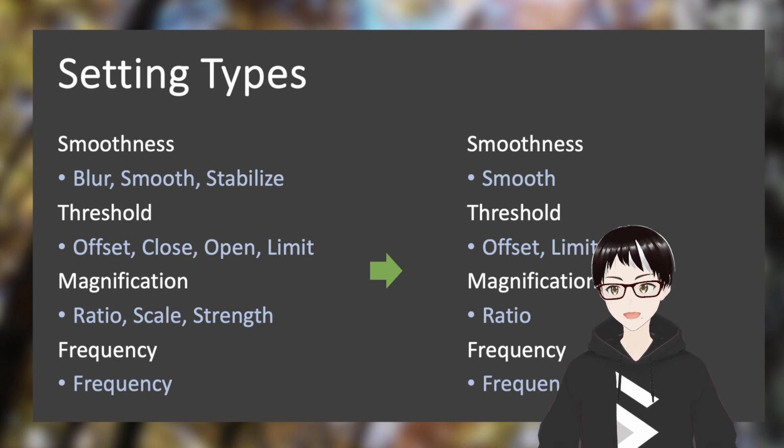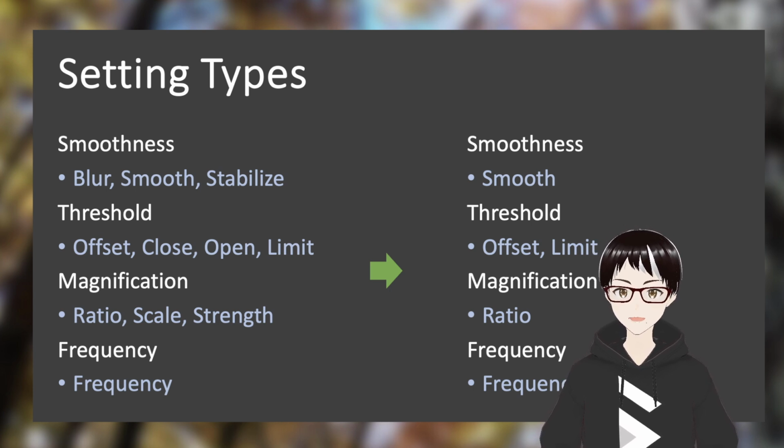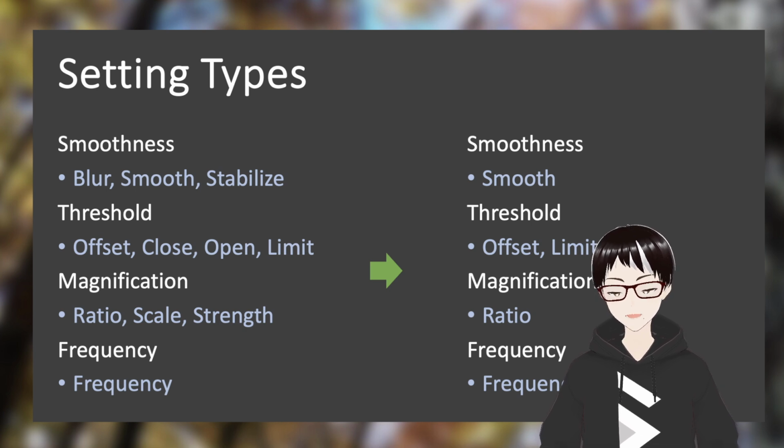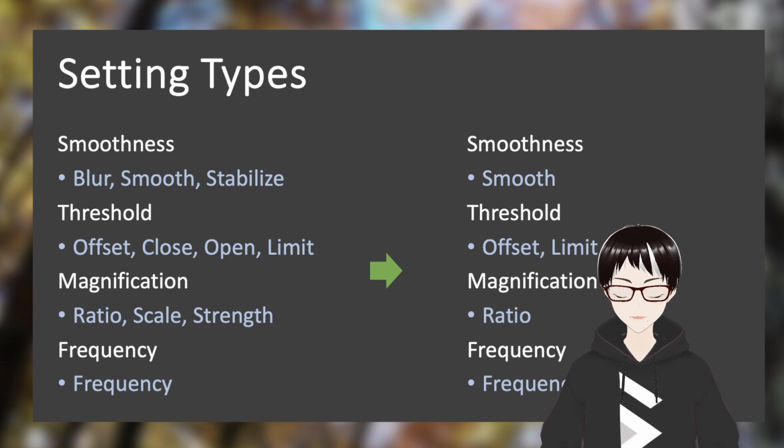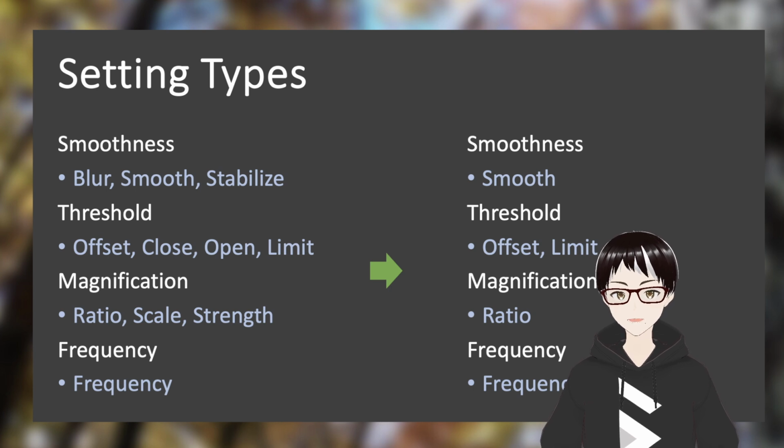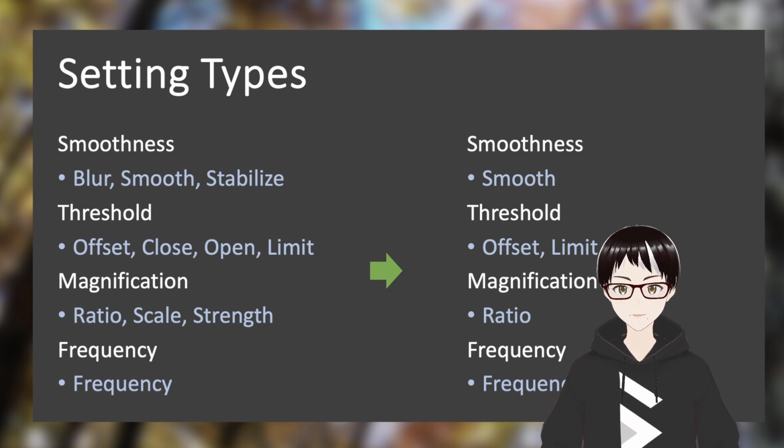And for the upper bound, it will be limit. You might ask why we're not just using lower bound and upper bound. It is because we have limited space in the name, so we choose a shorter word. And for magnification, we always use ratio, so it's consistent, and frequency is just frequency.